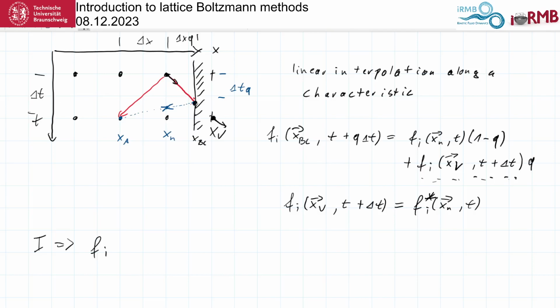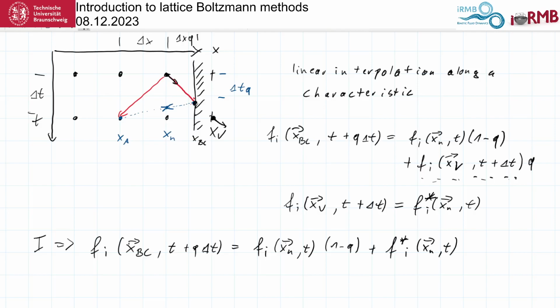So this is f_i, the distribution at the location of the boundary, at time t plus q delta t, is equal to f_i at x_n, t times 1 minus q, plus the post-collision state of the same, at the same position, times q.